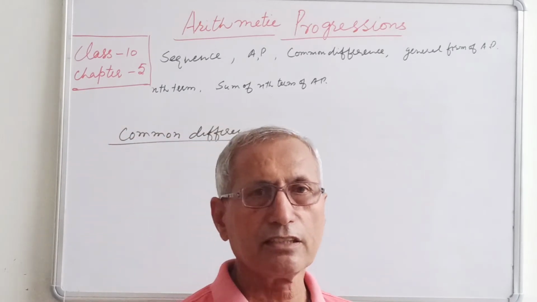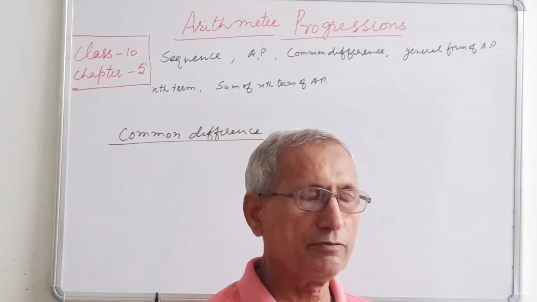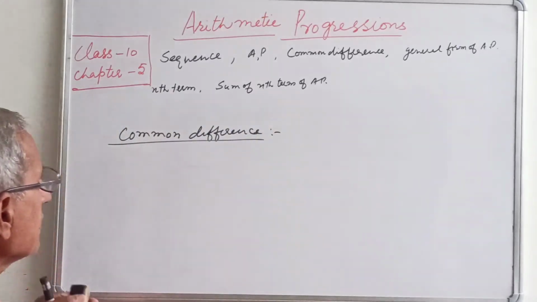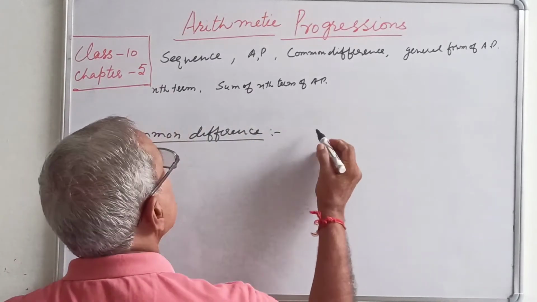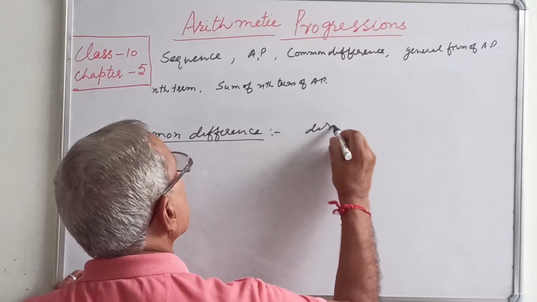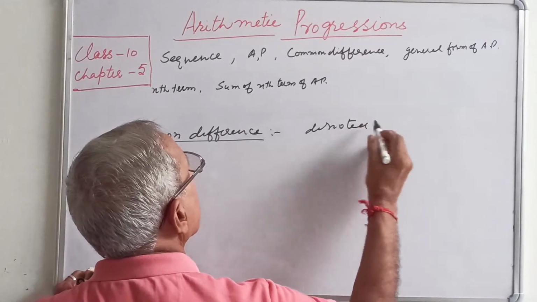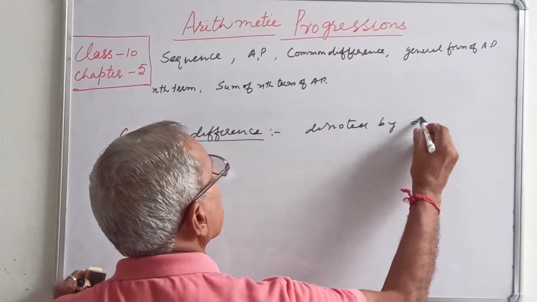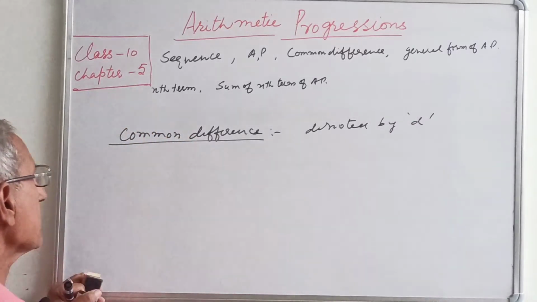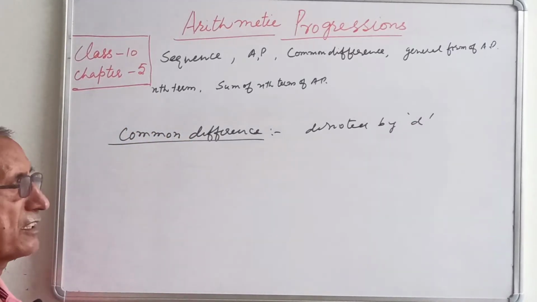That always comes to be equal, and we denote the common difference by the symbol D.